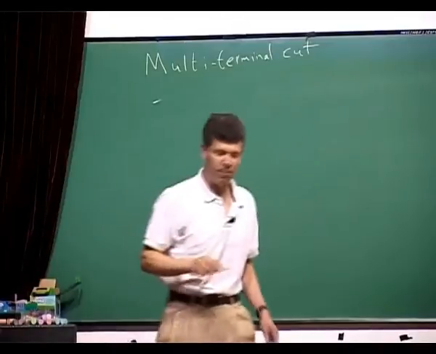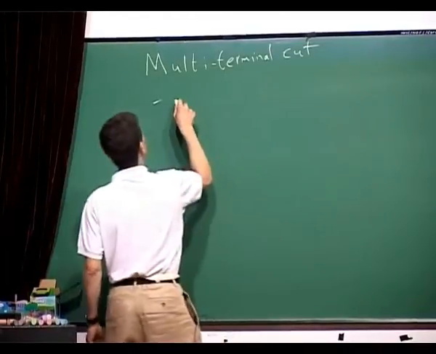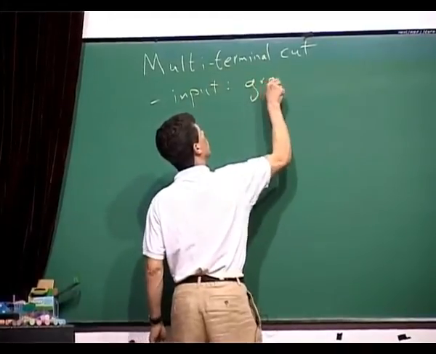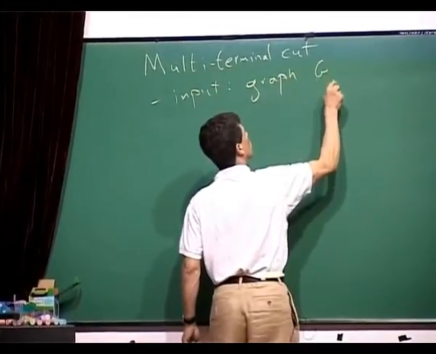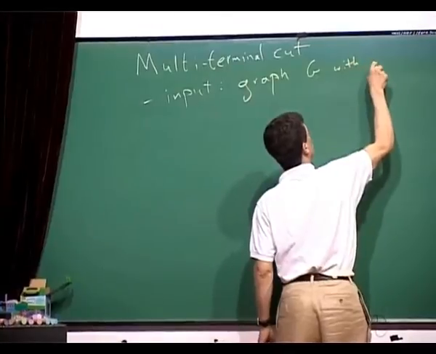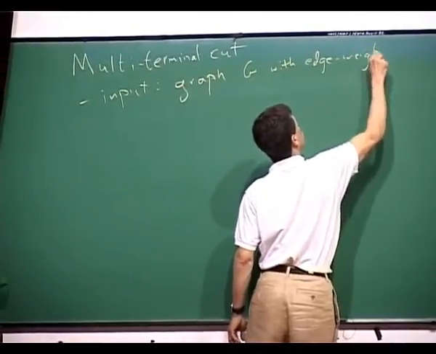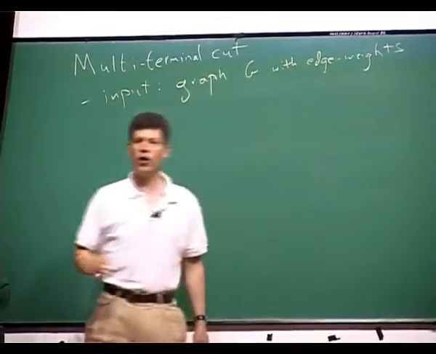Now, this is a favorite problem of mine. You have a graph with edge weights. And you also have a set of terminals.